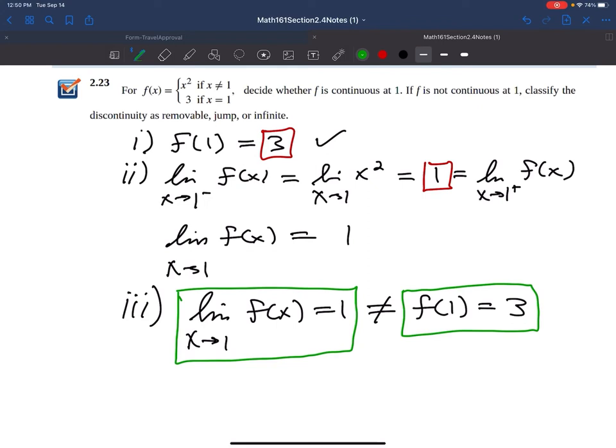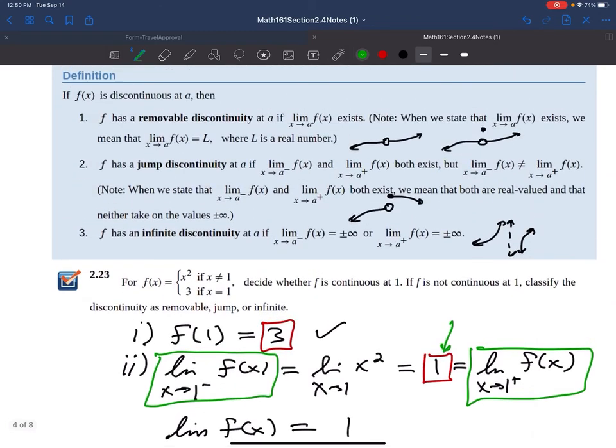It's a great question. Well, remember we said that if the value of the left hand limit and the right hand limit are both the same, which they are, they're both equal to 1, the limit does exist, then that would be a removable discontinuity.